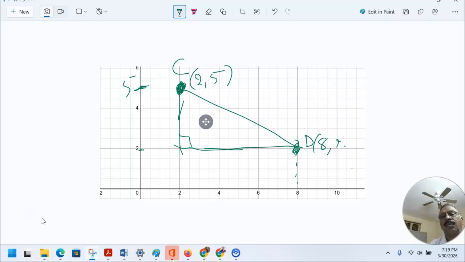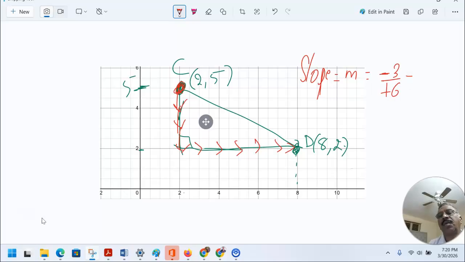When you begin from the left point, you go down 1, 2, and 3. So here the slope is 3 down, and since it is going downwards, we use negative, so we write -3. And it goes 1, 2, 3, 4, 5, and 6 to the right. So the slope is negative.